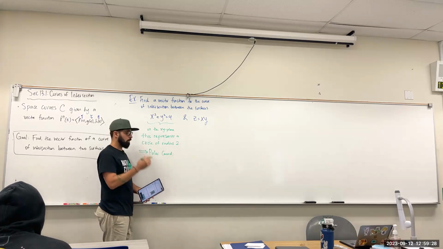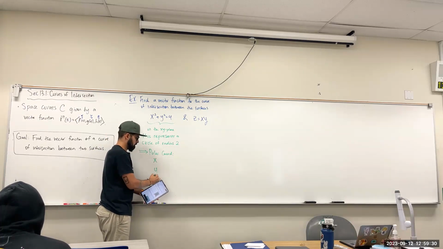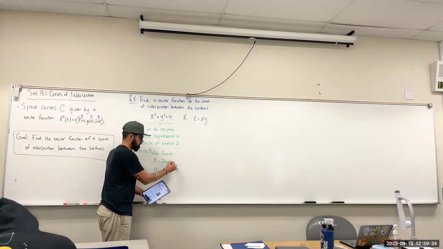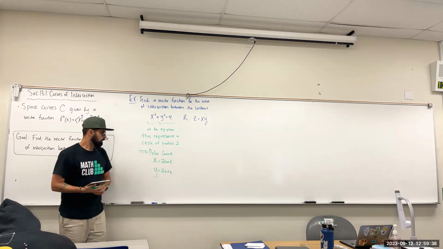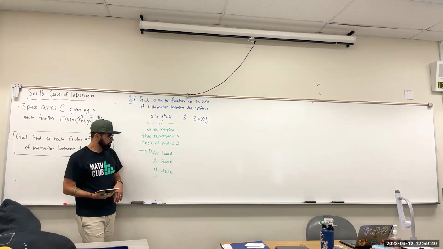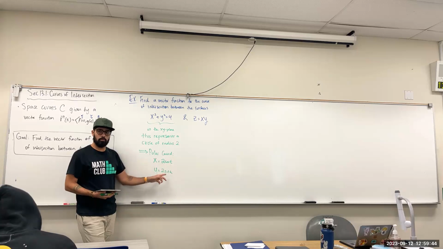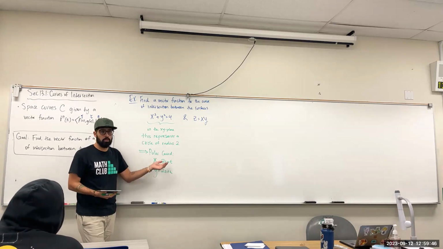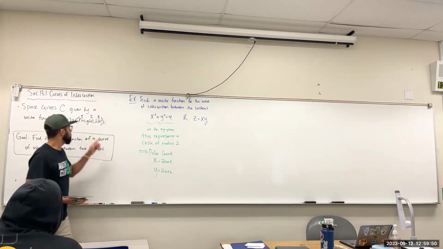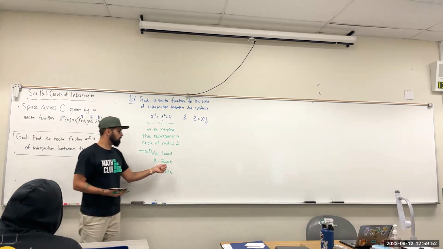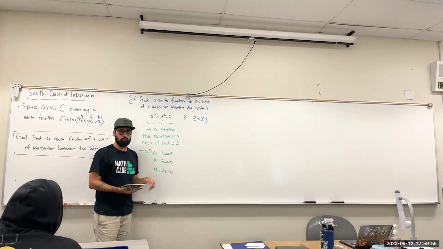Remember, x is parameterized by 2 cosine t, and y is parameterized by 2 sine t. That's r cosine of the angle. You could use theta as well in polar, but because right now we're using the variable t, I think your textbook will just switch the theta to a t.